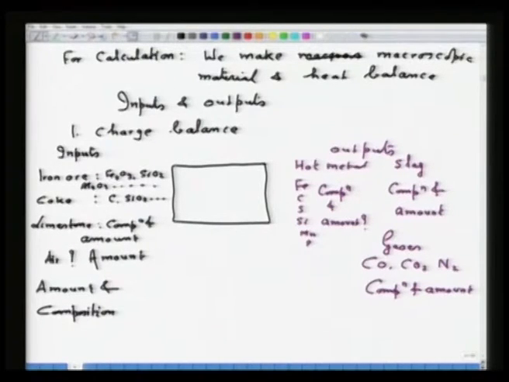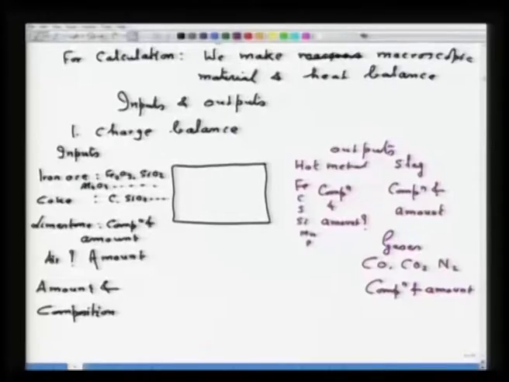So, when we say charge balance, that means we should know, whichever way the problem can be formulated, for a given output, what should be the input, and for a given input, what should be the output, when a sufficient number of variables are given. Now, in order to calculate also macroscopic heat balance, in addition to the amount, the important is the temperature at which the inputs are made into the furnace and the temperature of discharge, that is also important to know.